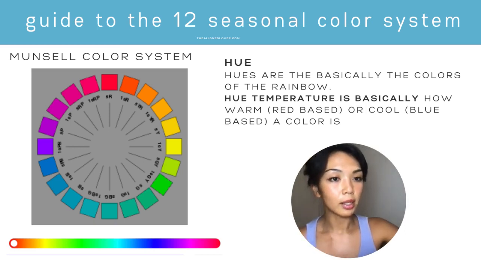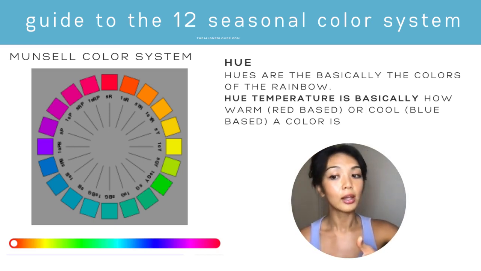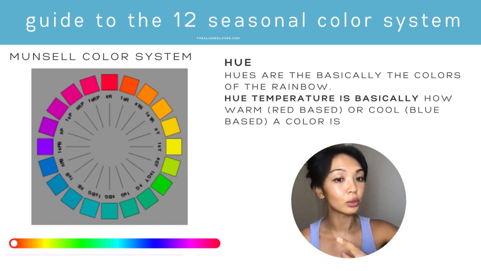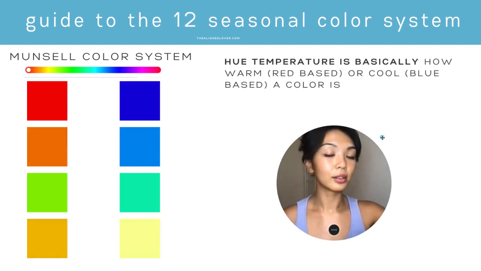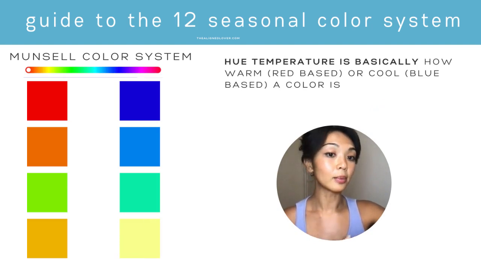Hue temperature is basically how warm or red-based a color is, or how cool or blue-based a color is. So colors that are warmer are going to have more red or be closer to the red end of the spectrum, and colors that are cooler are going to be more blue-based or closer to the blue end of the spectrum. To clarify, let's appraise some colors and compare them to each other.